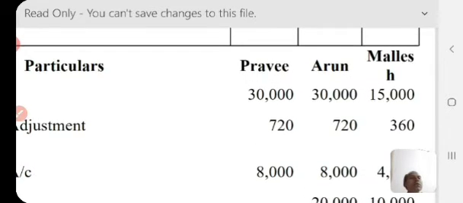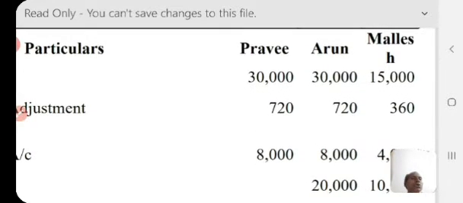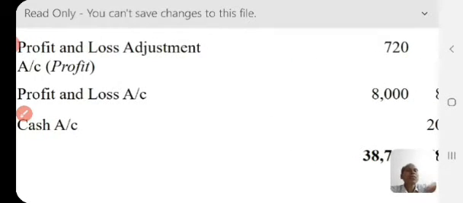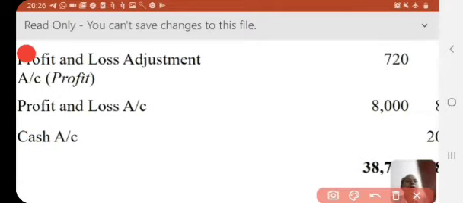And in the adjustment it is said that Arun and Mallesh should bring additional capital, 20,000 and 10,000 respectively.